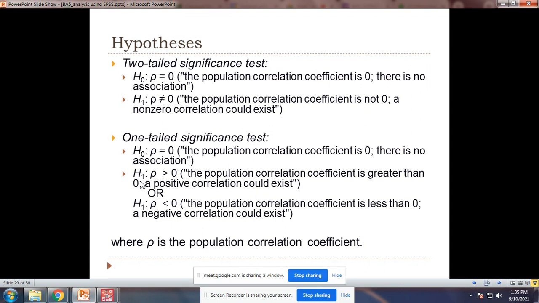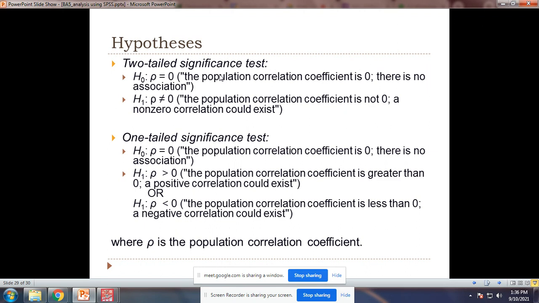So you will write H1: population correlation coefficient is greater than 0, and a positive correlation could exist between the two variables. And if the alpha value is towards your right-hand side, then you will write a negative correlation could exist. Okay, so this is how you need to write your hypothesis.